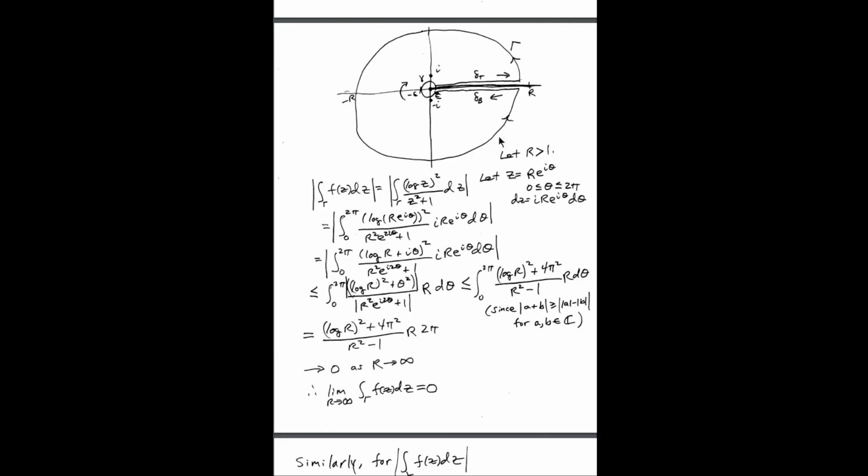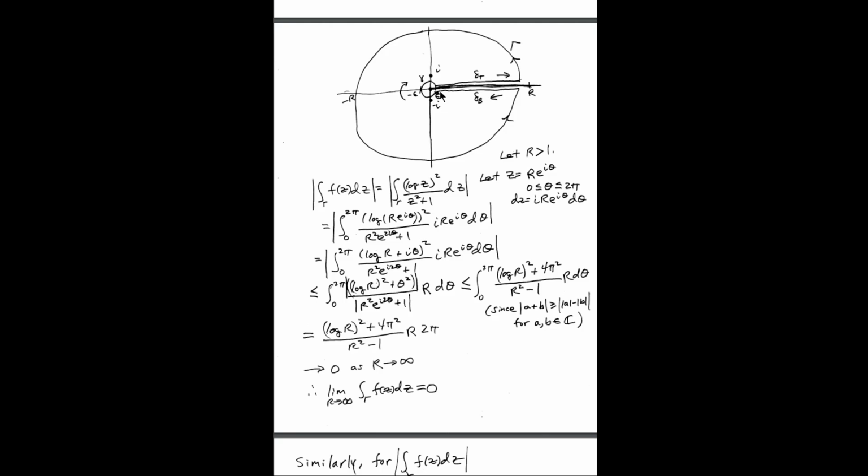So let's kind of trace out what we're going to do here. Well, let's start right here at capital R on the x-axis. We're going to go around gamma here all the way to minus R. This is supposed to be a circle, by the way. And it's going to come all the way up to positive R again, at which time we're going to transfer to delta sub B along the bottom of the axis all the way down to epsilon.